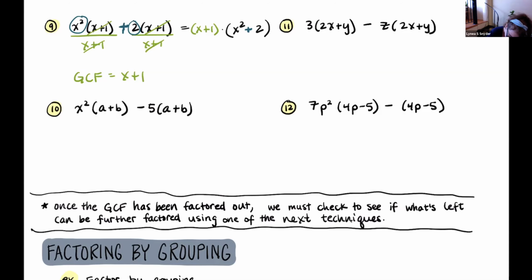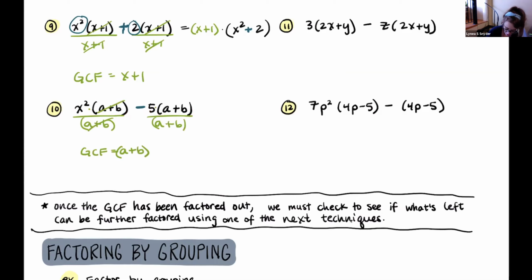So same thing here, but now we've got minus. But if you notice in this piece and this piece, the same a plus b part occurs. So the GCF here will be a plus b. Okay, so we can factor out a plus b by dividing each term by a plus b. So here we multiplied by a plus b, so we're dividing by it, so it goes away, or it divides to 1.